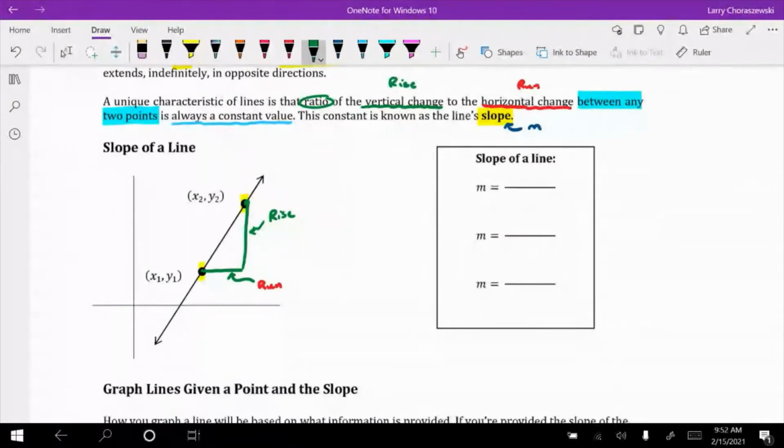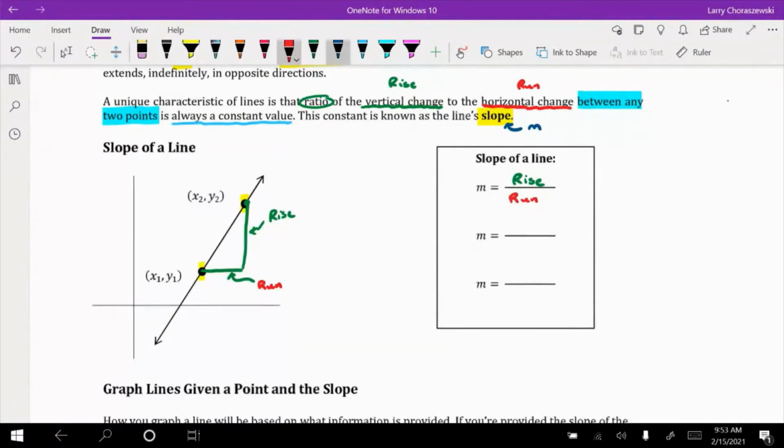Rise over run, exactly. So keep in mind that the slope is a ratio of the vertical change to the horizontal change. And so my first version of slope for you folks is rise over run. This is a good form of slope to have when we're trying to calculate an actual number for it based on a graph that's already provided to us.